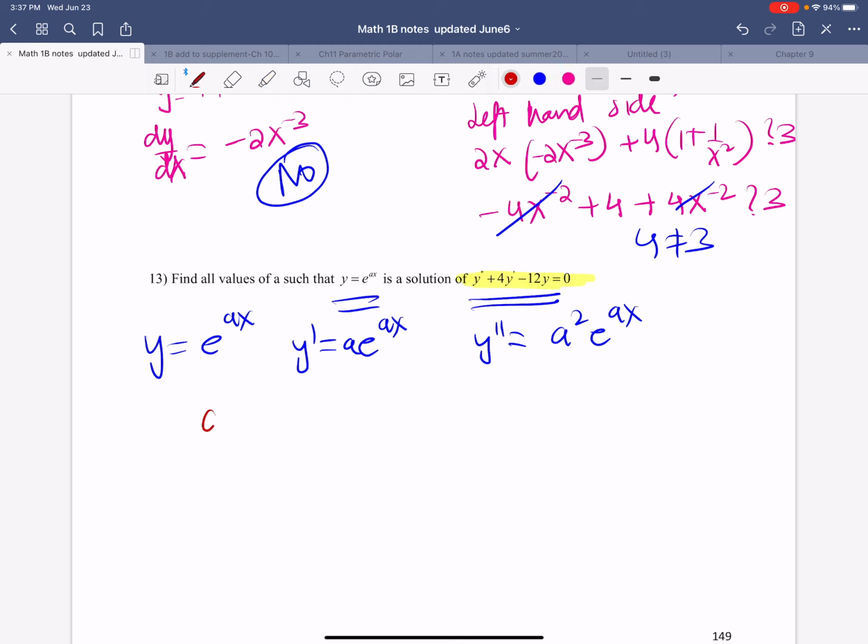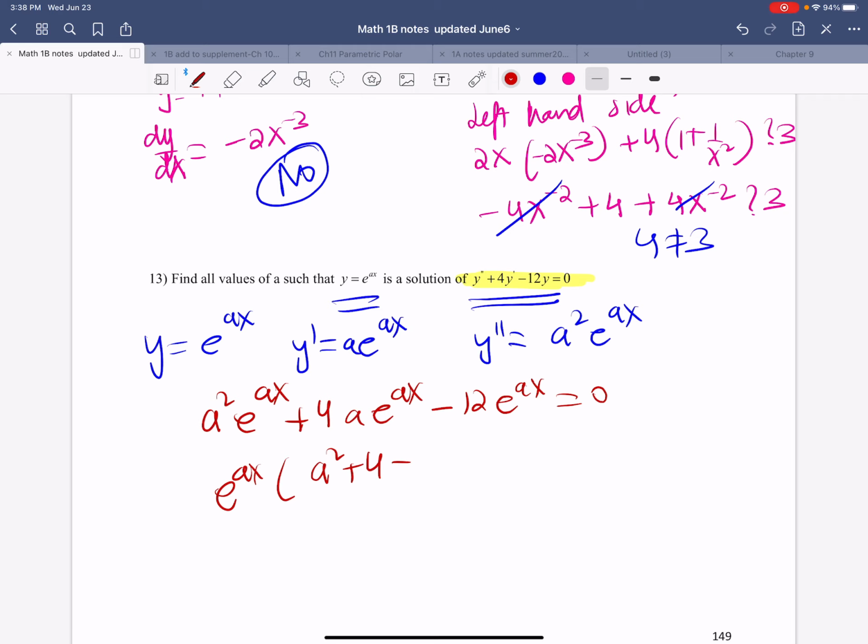Y double prime is a squared e to the power ax, plus 4 times a e to the power ax, minus 12 times y, which is e to the power ax, is equal to 0. So we can pull out e to the power ax. Inside is a squared plus 4a minus 12 equal to 0.